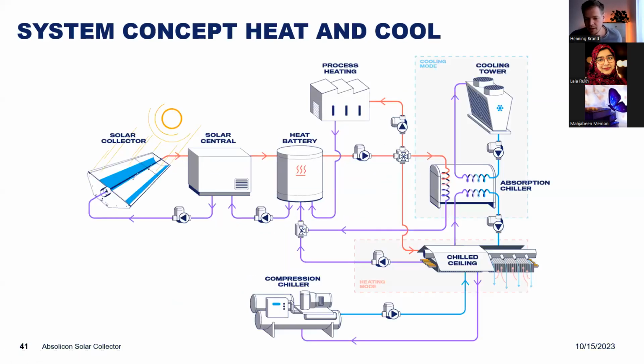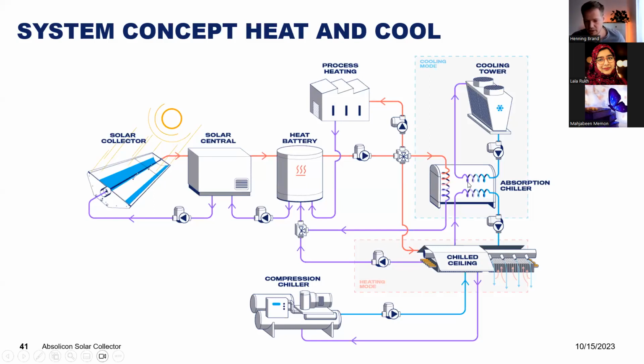I mentioned in the beginning that it's possible to use the renewable heat to produce cooling as well. There are examples of that in industry. There are also examples of that for buildings. I know that one of the IKEA warehouses has done that in Indonesia or something like that.